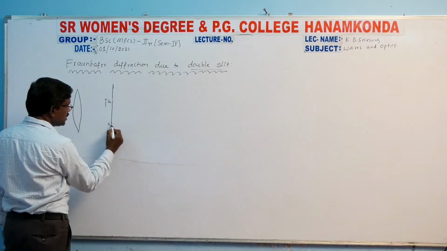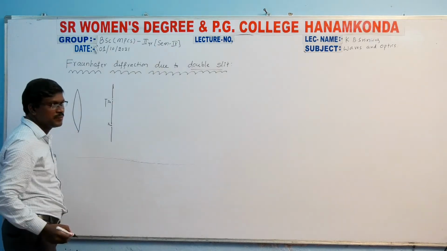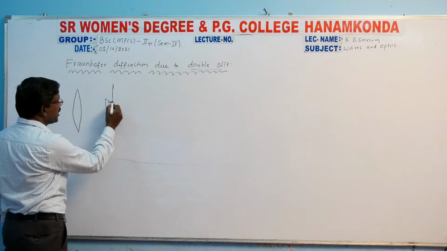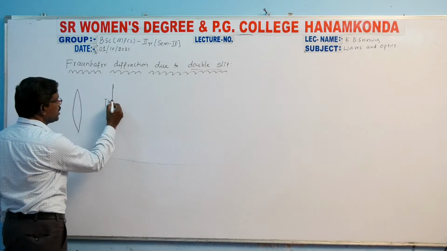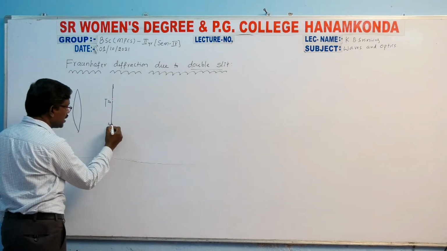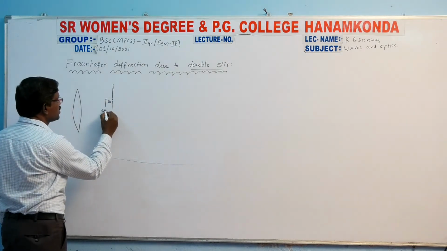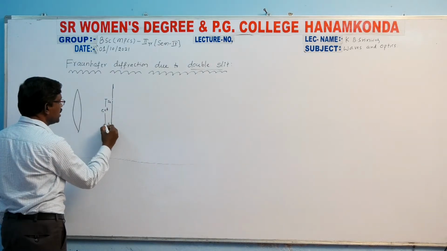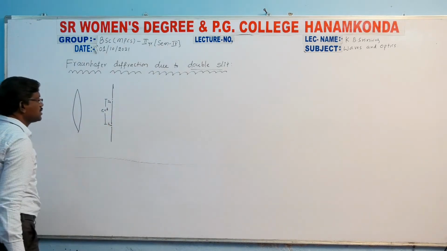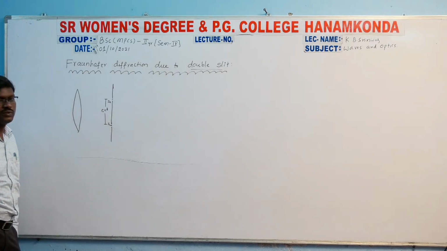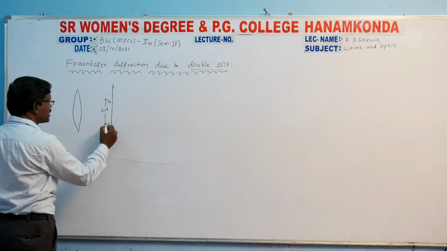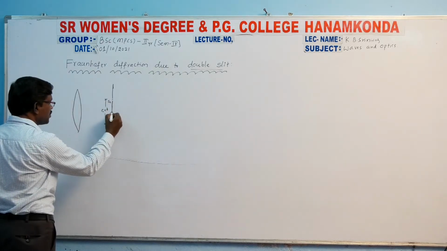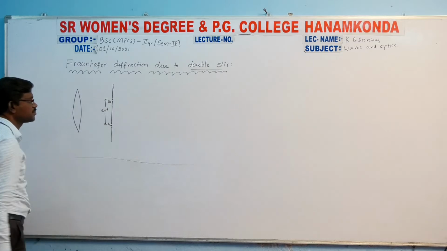This is also small e by 2. e by 2 plus e by 2 becomes e, and the opaque distance here I am representing by small d. So e by 2, small d and e by 2. That gives what? e plus d. So e plus d is the distance between the center to center of the two slits, where small d is the opaque distance. Small d is known as opaque distance.